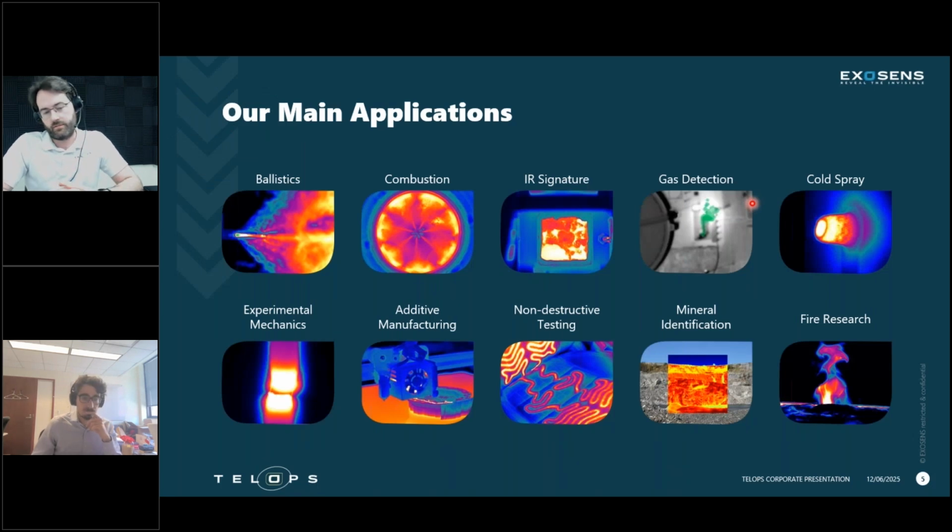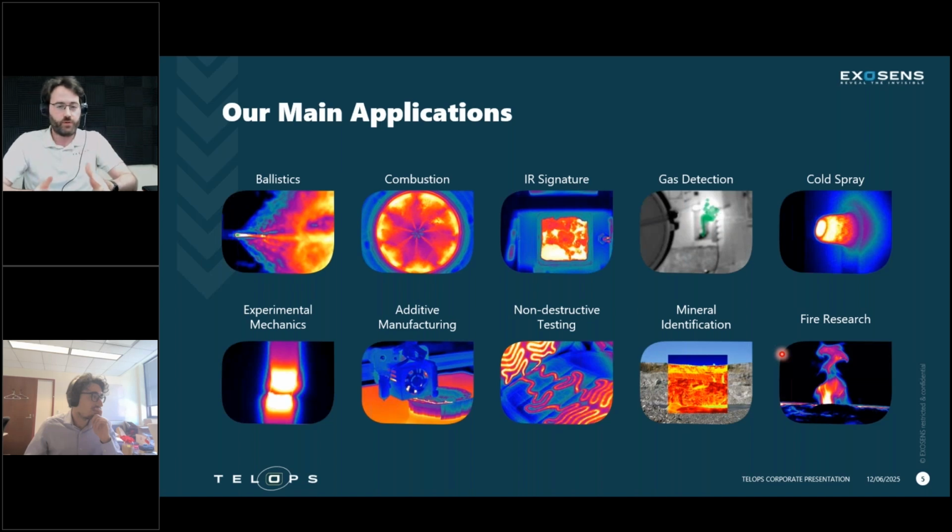So a quick glance at the multitude of applications that do use infrared imaging. We won't talk about all of these, of course, today. But just a few examples, we have ballistics, combustion, IR signature as a general application, gas detection, cold spray, experimental mechanics, additive manufacturing, which is quite a growing field, NDT, non-destructive testing, which can fit from solid to fluid imaging as well, mineral identification, and then fire research.